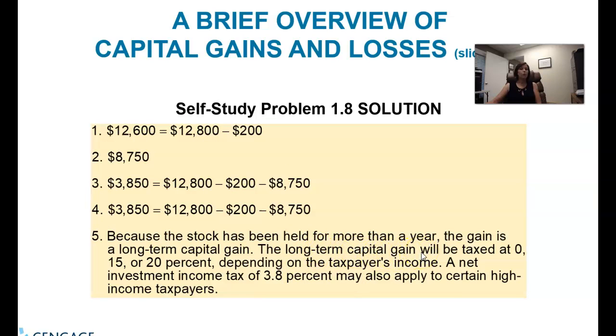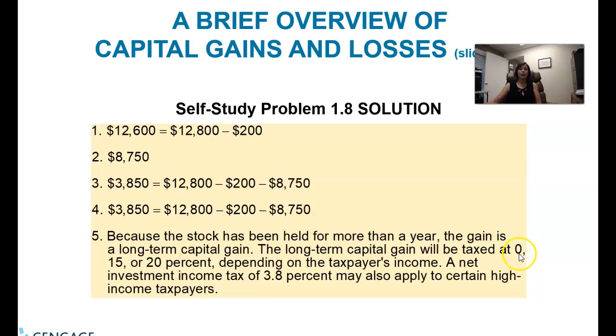Now, what that more favorable rate is will be determined by what other income she has. There are three different capital gains rates: 0, 15%, or 20%. Whether she pays a 0, 15%, or 20% capital gains rate will depend on what other earnings she has.